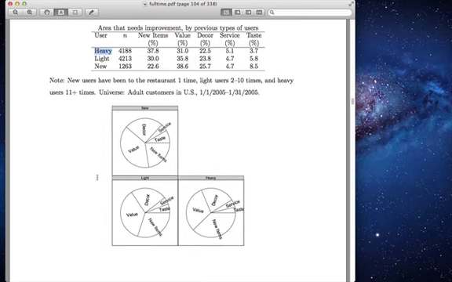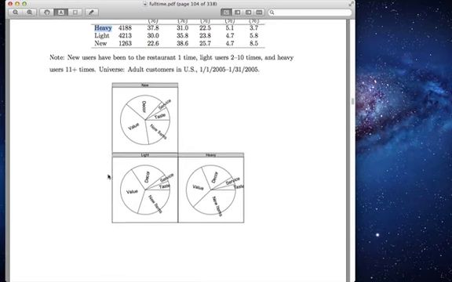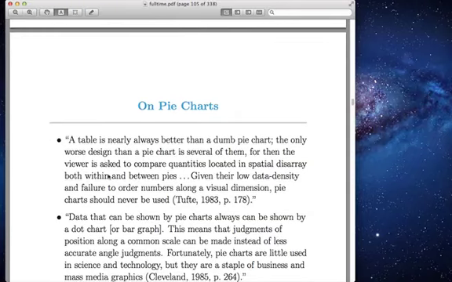Now, to understand why this is not a good graph, let's go to Tufte for a second. So this is what Tufte has to say about pie charts. A table is nearly always better than a dumb pie chart. The only worse design than a pie chart is several of them.